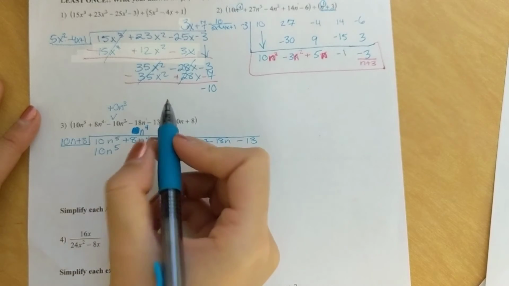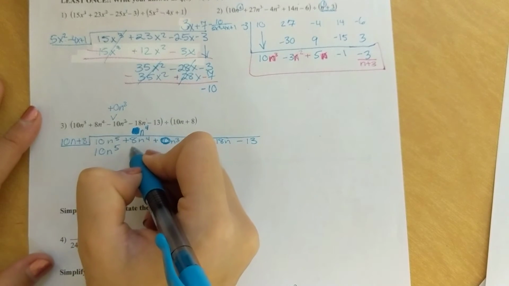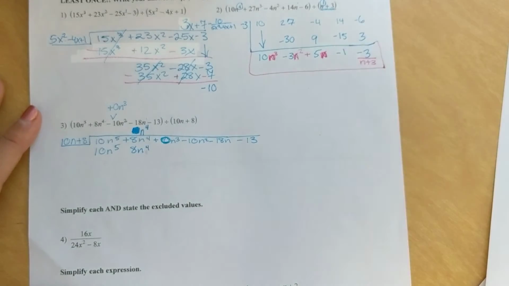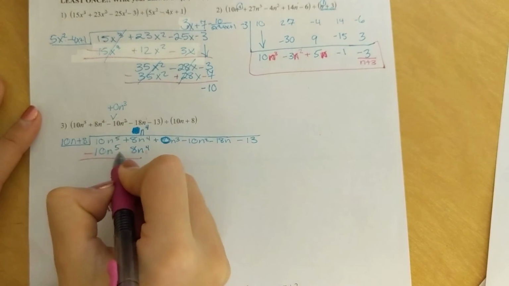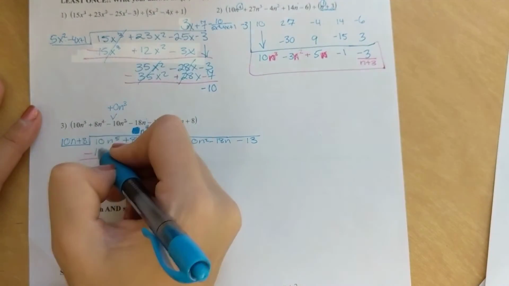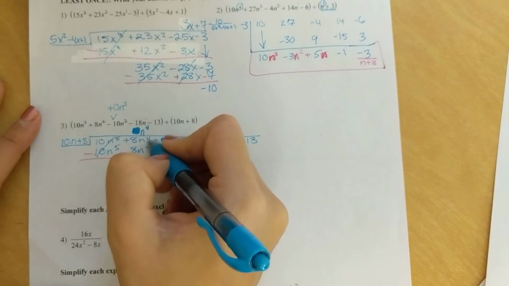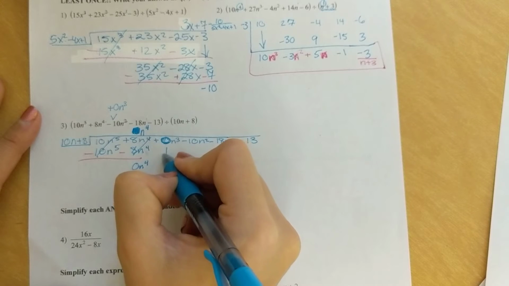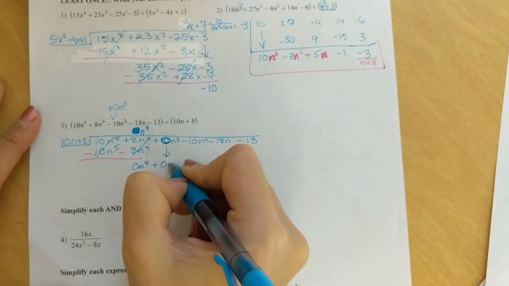Multiply 8 times n to the 4th is 8n to the 4th. Draw your line and change your signs. That's 0. This is 0. So we have 0n to the 4th plus 0n cubed.